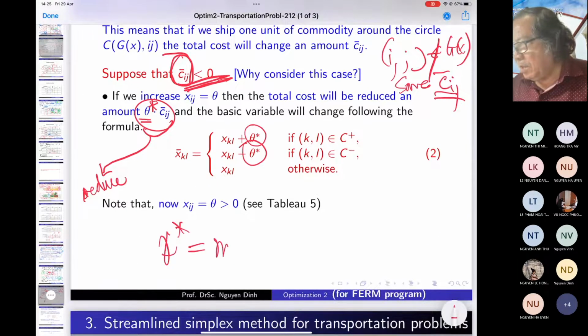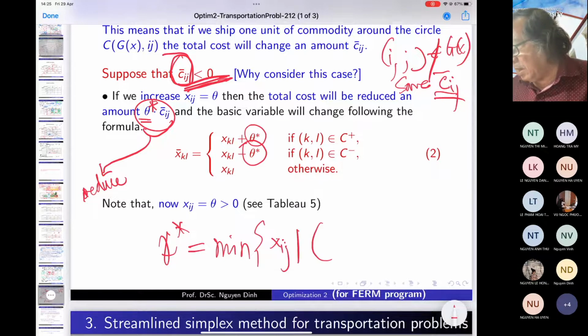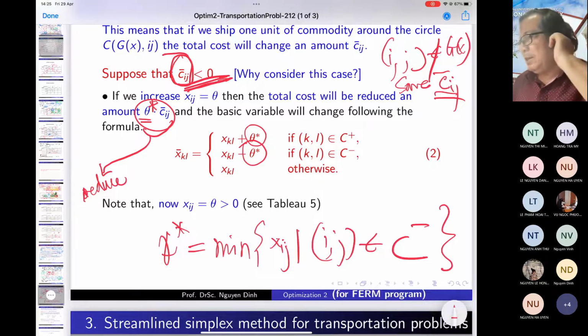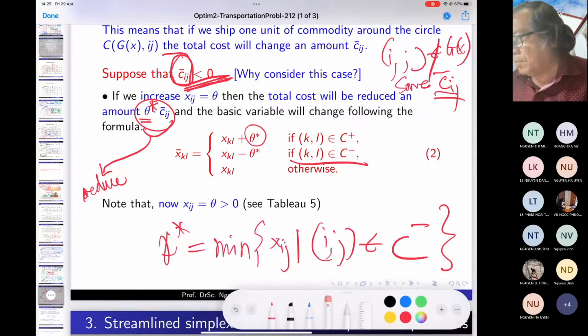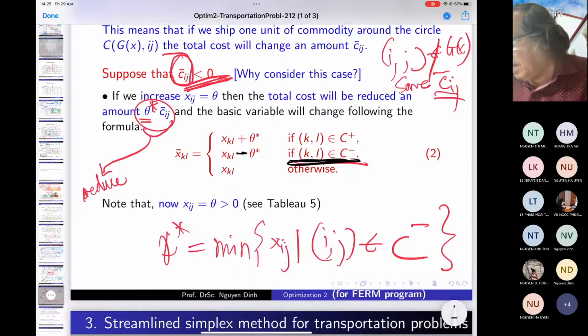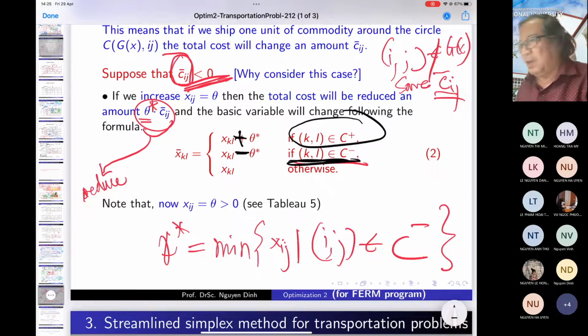After all, we will move theta star, with theta star equal to the minimum of Xij, where ij belongs to C minus. Is that okay? All the cells in the C minus here get minus theta star, and the cells in C plus, Xkl, get plus theta star.